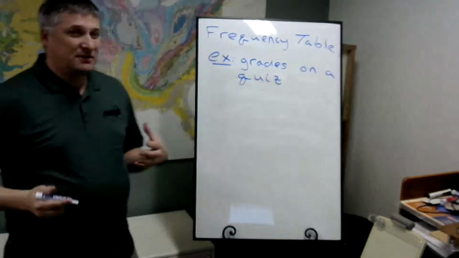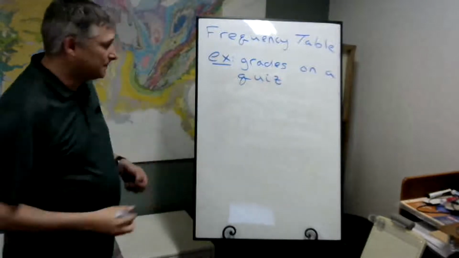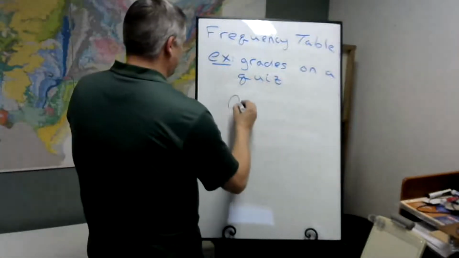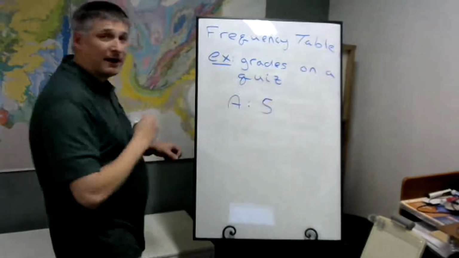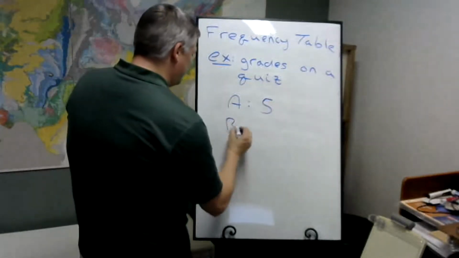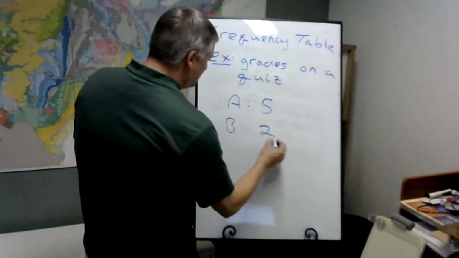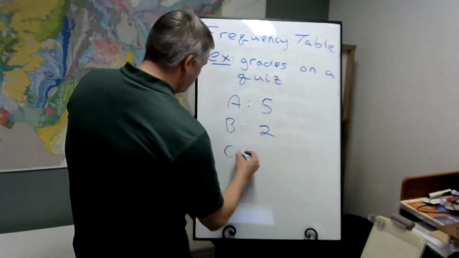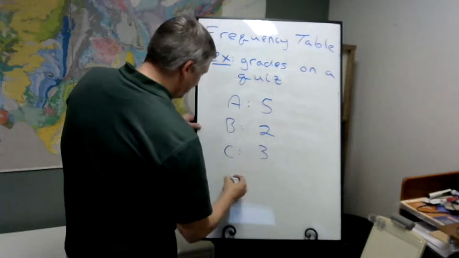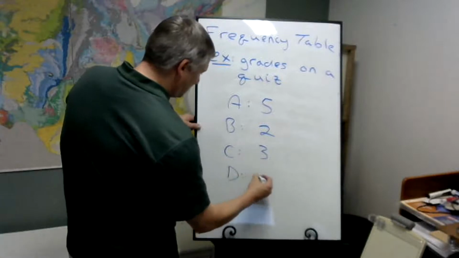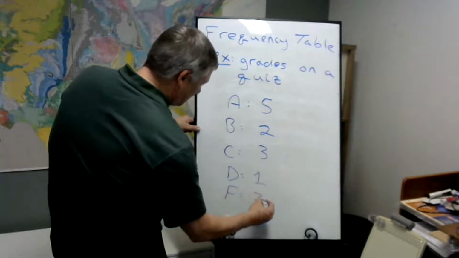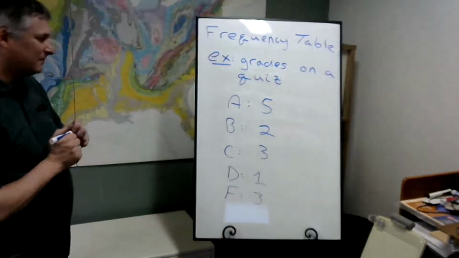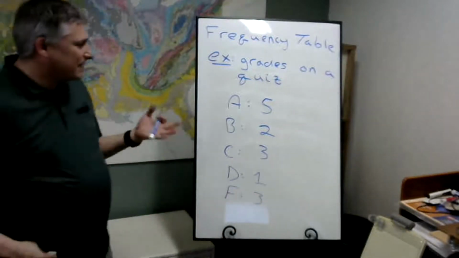Let's say this is the distribution for grades on a quiz. For A's on this particular quiz, there were 5. For B's, there were 2. For C's, there were 3. For D's, there was 1. And for F's, there were 3. And this gives us some idea of frequency.